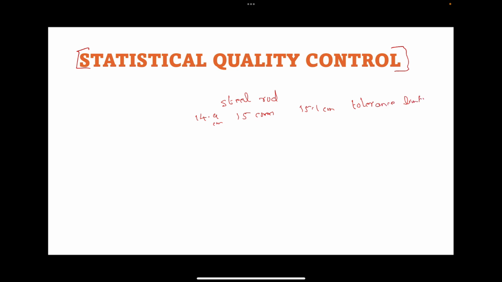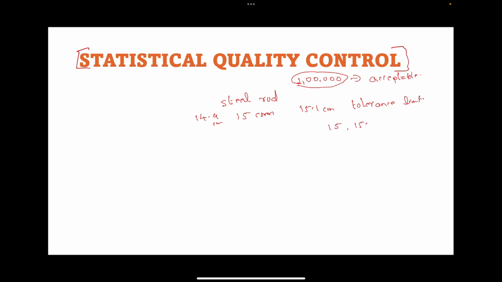And you are manufacturing it. You have got an order for maybe 1 lakh, and you manufactured it. But is this lot acceptable by the customer? These steel rods manufactured will have different lengths.